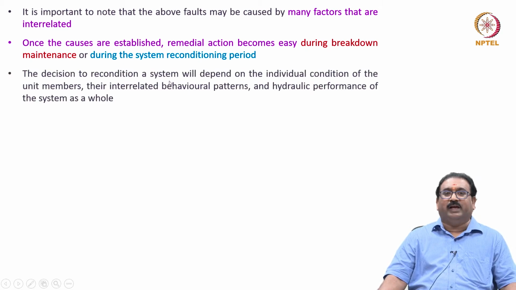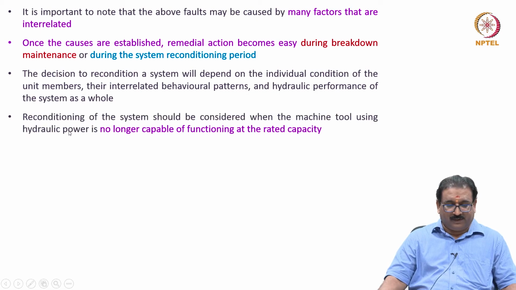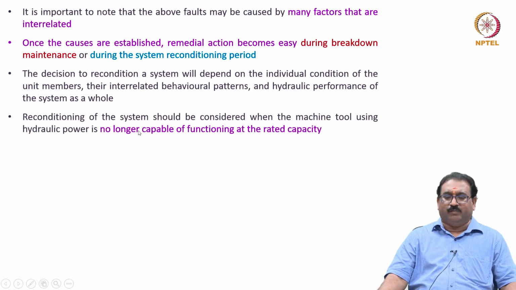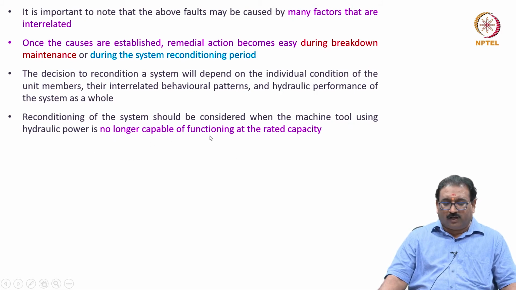The decision to recondition a system will depend on the individual condition of the unit members, their interrelated individual patterns and hydraulic performance of the system as a whole. Reconditioning of the system should be considered when the machine tool using the hydraulic power is no longer capable of functioning at the rated capacity.